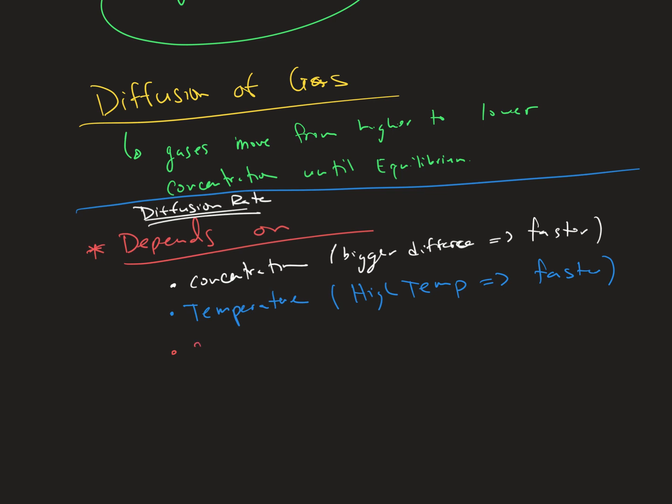And size of molecule, we just talked about. Well, not with diffusion, but it's the same idea. The smaller the particle, faster or slower? Faster, right? It's going to have a greater root mean square velocity or speed, and so it's going to diffuse faster.